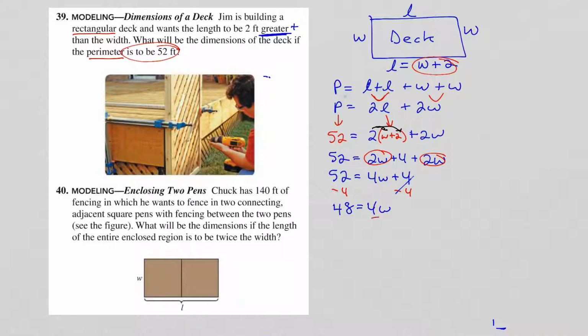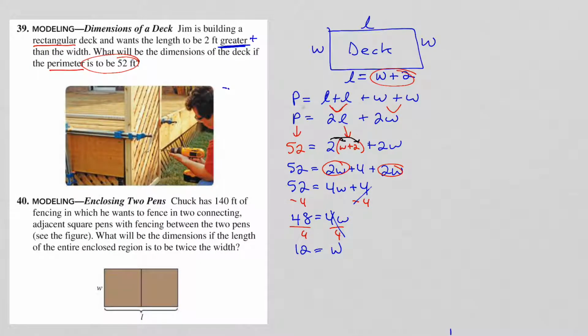And then we're going to divide by 4 here. So this is going to be 12. Okay, W equals 12. What will the dimensions of the deck be? All right, so what are these dimensions now?